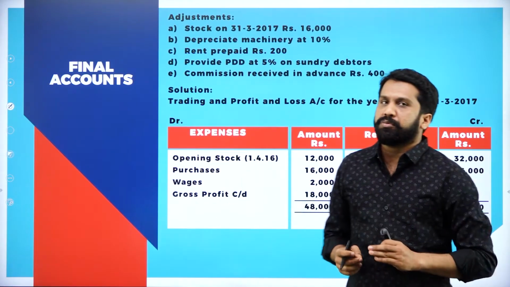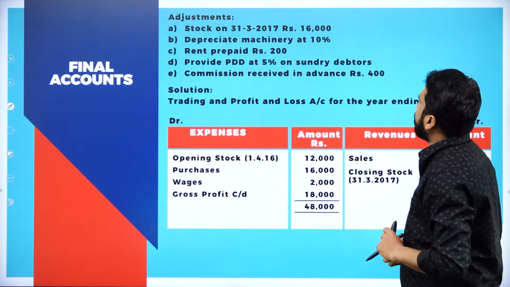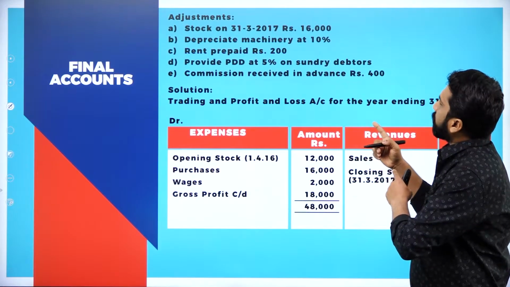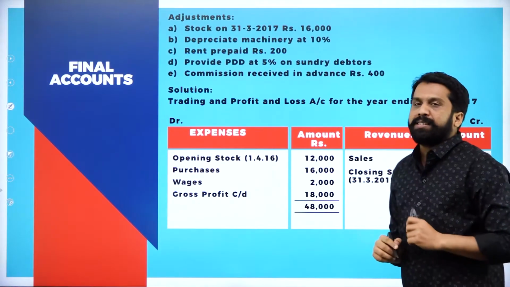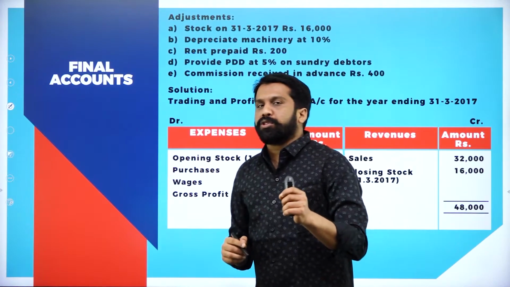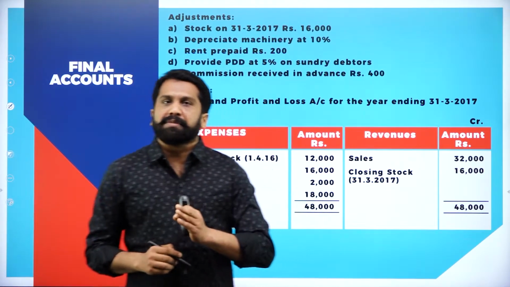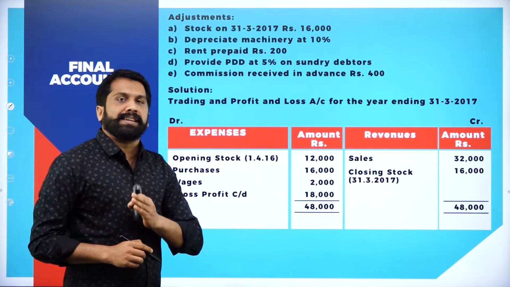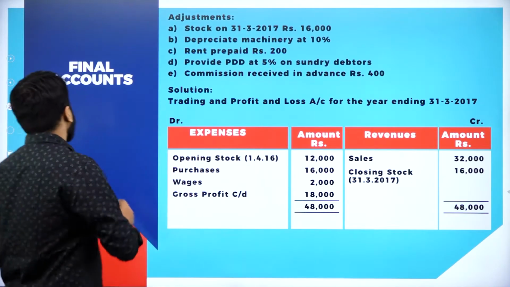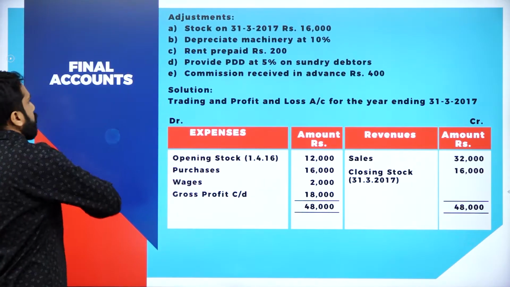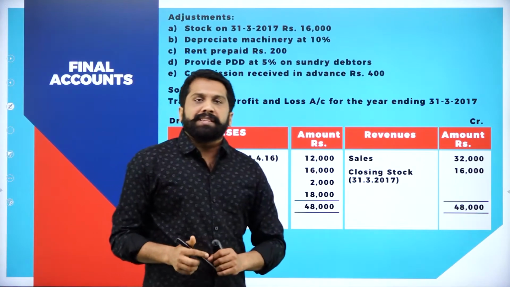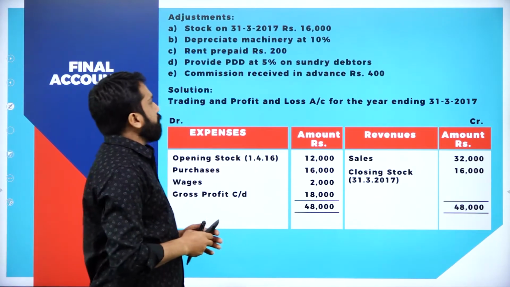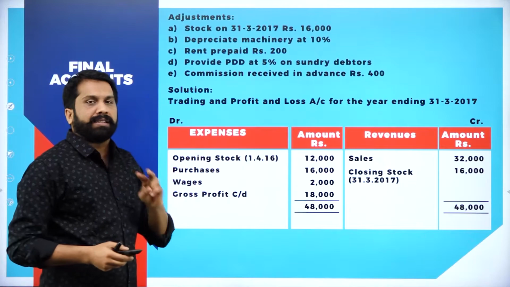What are the adjustments we have? First adjustment is stock on 31st March 2017. Whatever stock value is given, that we call what? Yes, that is closing stock. Closing stock means again two effects. As I told you, all the adjustments have double effect.